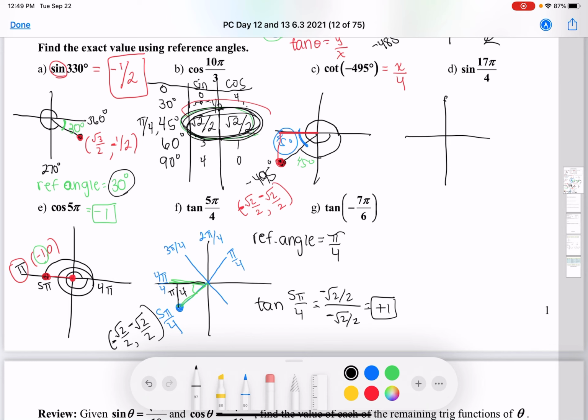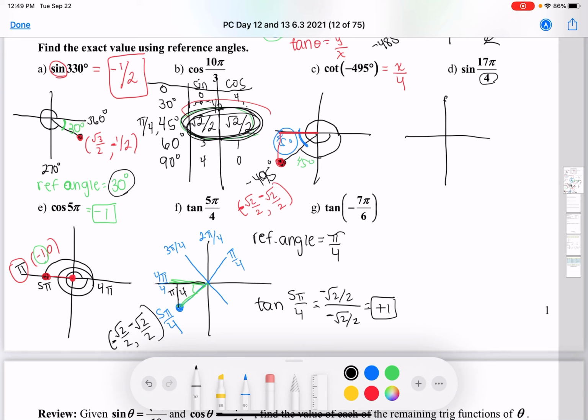Again, because if we're going in increments of pi over 4, based on our denominator, well, every 45 degrees, if we have a reference angle of 45 degrees, we're going to be using that point on the table.